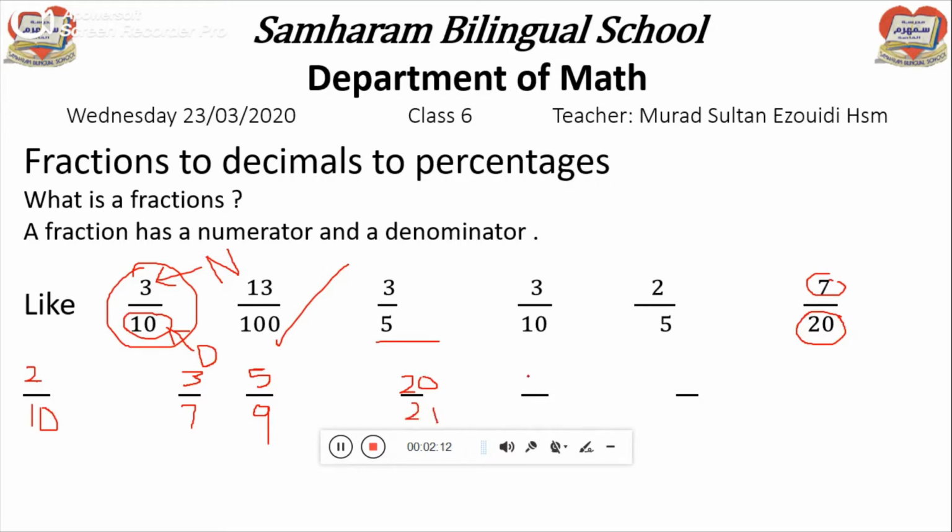For example, 31 divided by 30 is an improper fraction, but at the end it is still a fraction. And the last example, for example 1 divided by 2, or 3 divided by 4, and so on. So you can construct so many fractions. Okay, we continue, my kids.